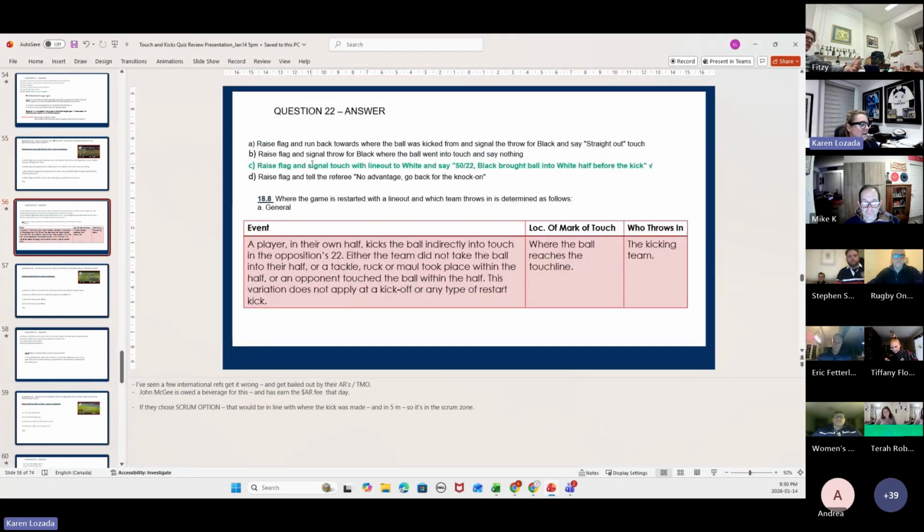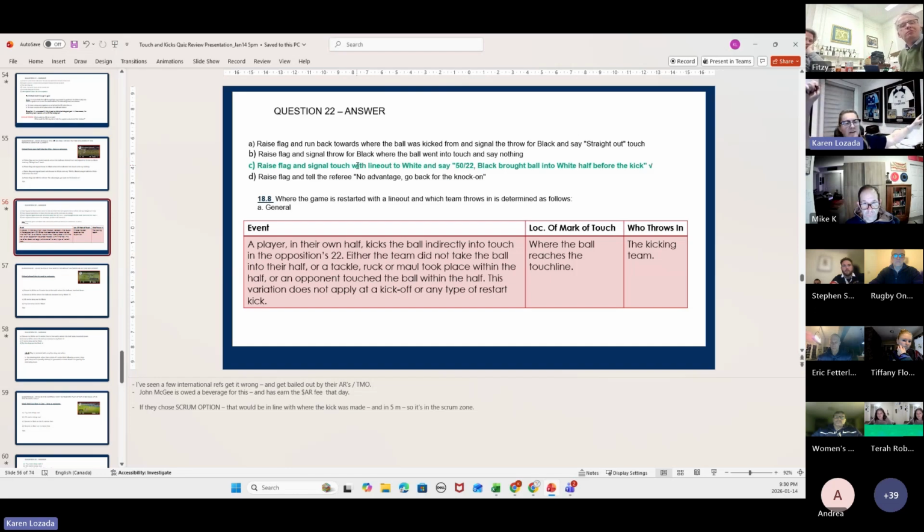So as an AR, we want to be putting that flag up. It's in touch. And then get that signal to the kicking team right away. And then be aware, there could be a quick line out like we saw earlier in that NOLA Seattle game. So never switch off as an AR, but the more confident you are being aware of who brought it into the half, then okay, yes, brought it in, kicked by them, flag up.